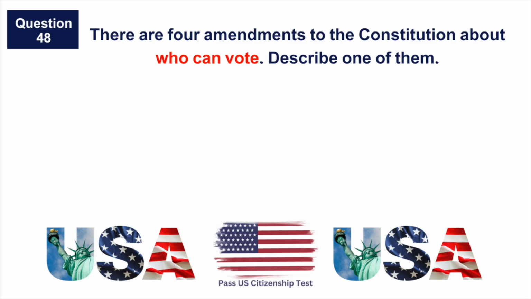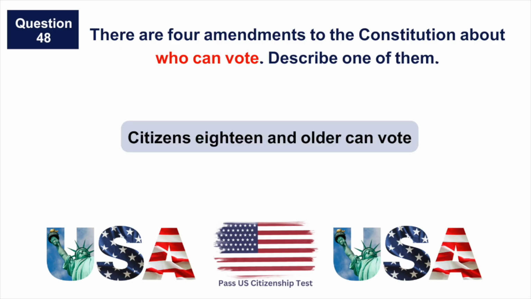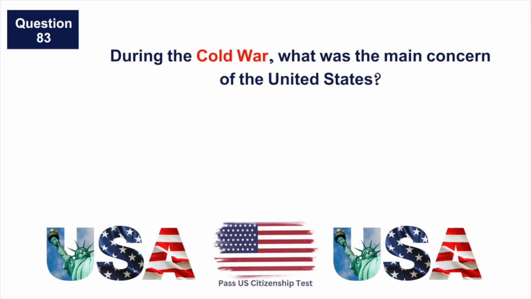There are 4 amendments to the Constitution about who can vote. Describe one of them. Citizens 18 and older can vote. During the Cold War, what was the main concern of the United States? Communism.